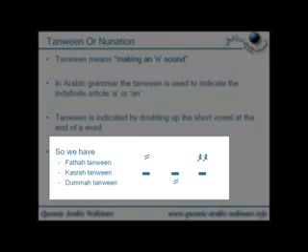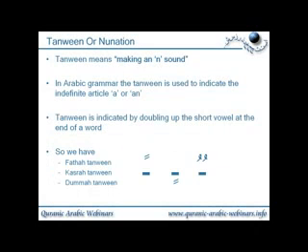So all of these can be doubled up, i.e. the dhamma is doubled up, the kasra is doubled up, and the fatha is doubled up. So in that case we call it tanween, and we'll see why in a minute. Remember, tanween means nunation or adding an N sound.